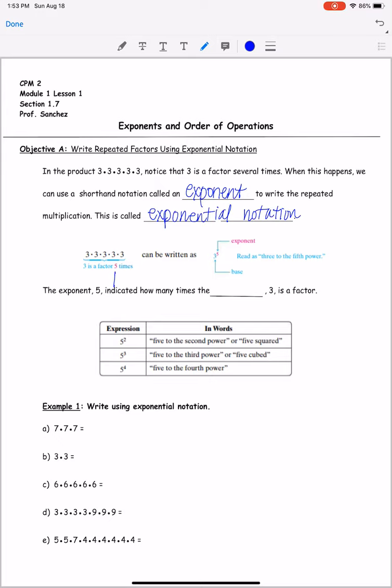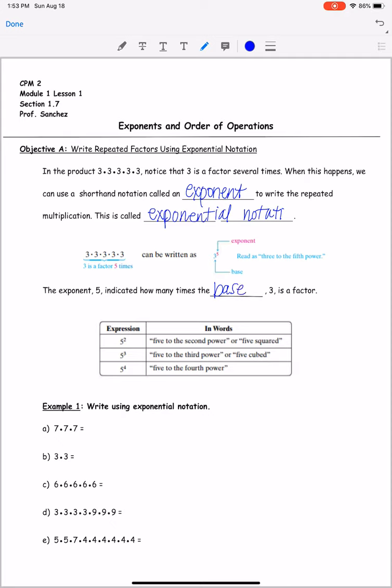So when that happens, we can shorthand this by writing the base as that repeated number, in this case 3, and then your exponent is going to be the small little number that goes above it. And so it says here that you read it as 3 to the 5th power. So the exponent 5 indicates how many times the base 3 is a factor.